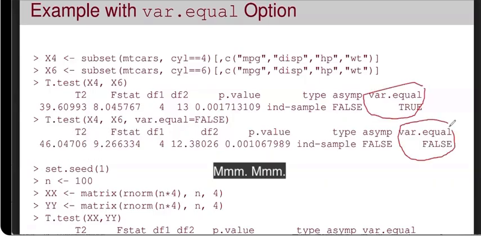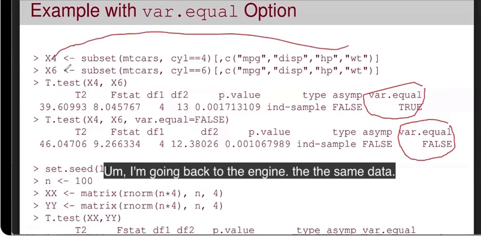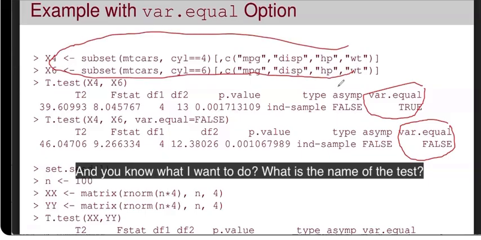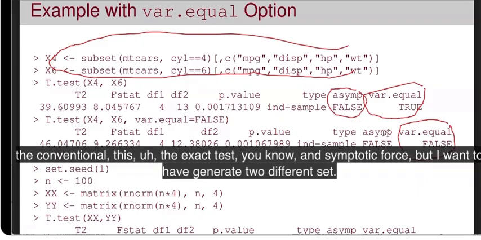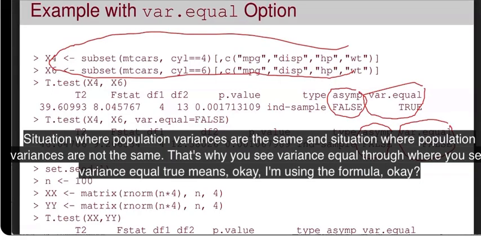I'm going back to the engine, the same data. And you know what I want to do? What is the name of the test? The conventional, the exact test, asymptotic force. But I want to generate two different situations: one where population variances are the same and one where population variances are not the same.